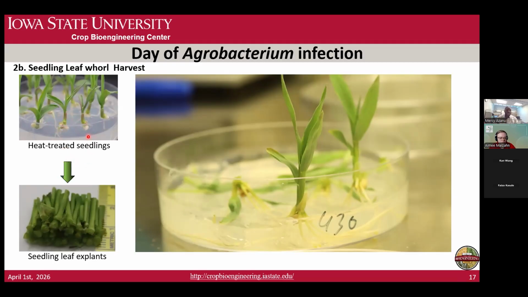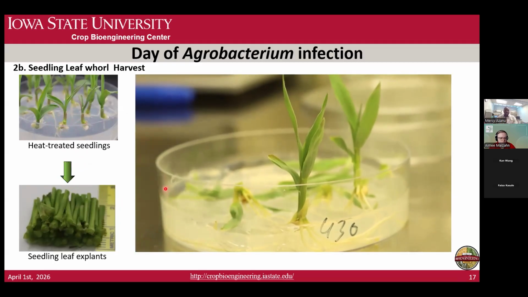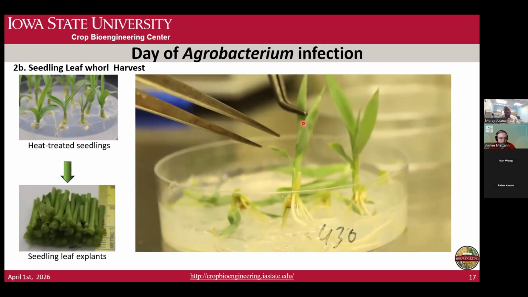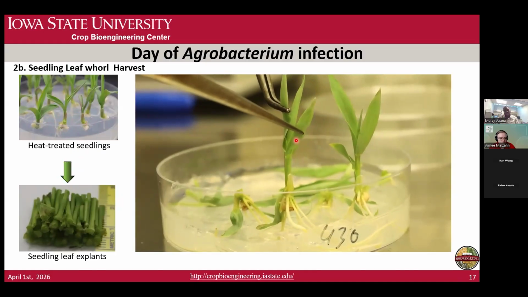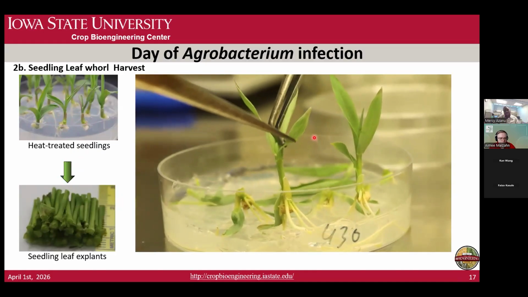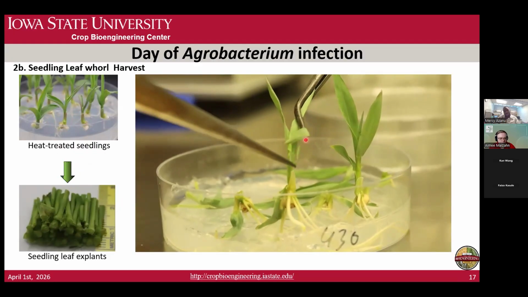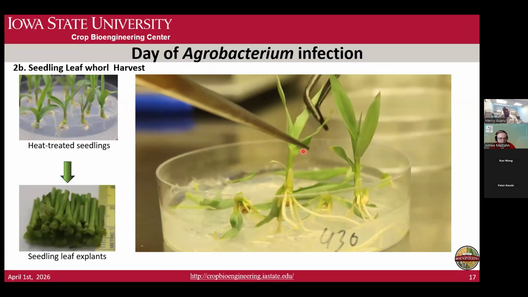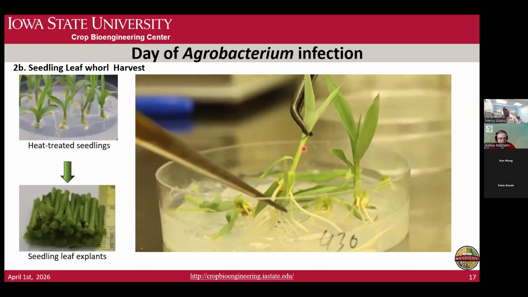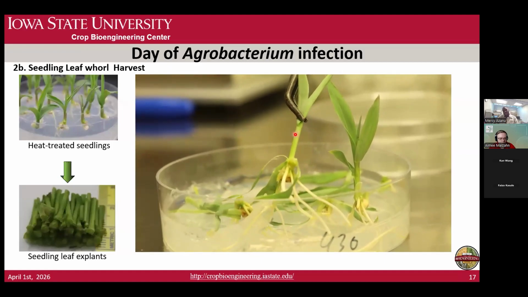The way we do this, I'm going to explain in a video. You can see in this video that you use forceps to gently remove the outer leaves. Using forceps, you divide the outer leaf into two, as you can see. Then you expose the young actively dividing leaf whorl.